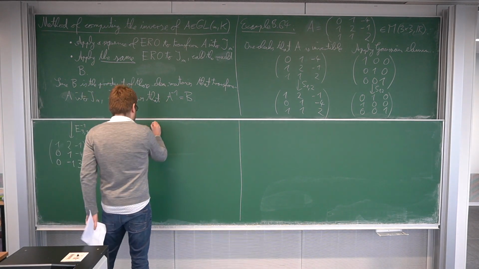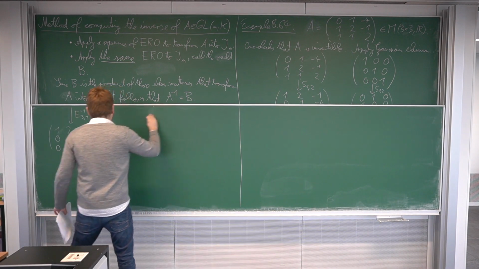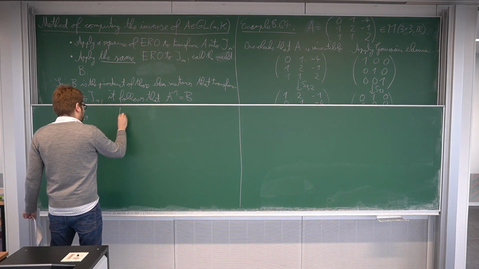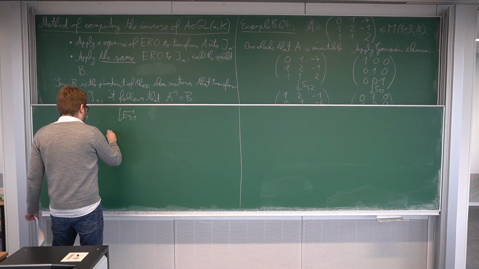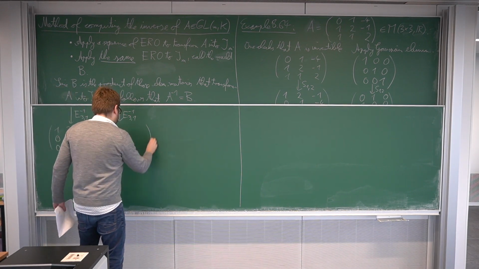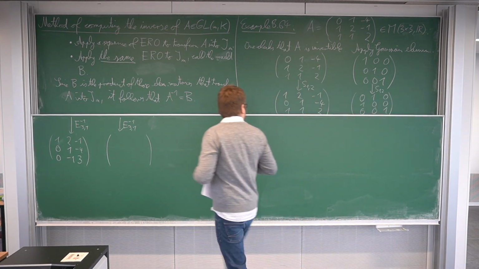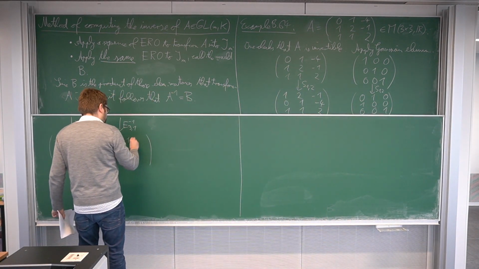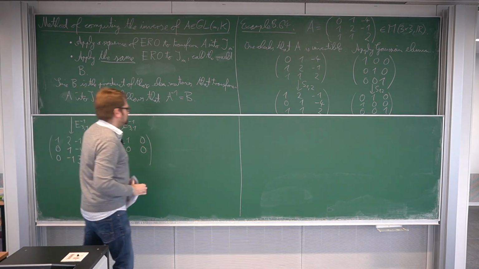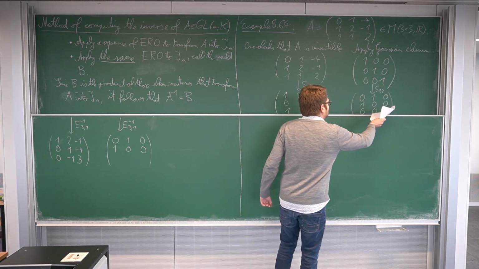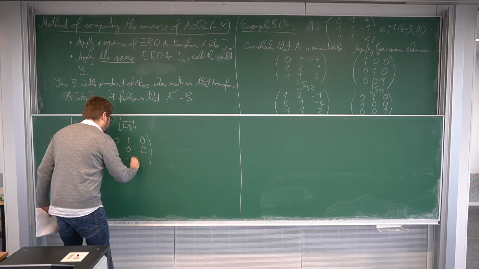We apply E minus 1, 3, 1 to the identity matrix. The first two rows remain unchanged, so 0, 1, 0, 1, 0, 0. And now minus 1 times the first row added to the third row becomes 0, minus 1, 1.